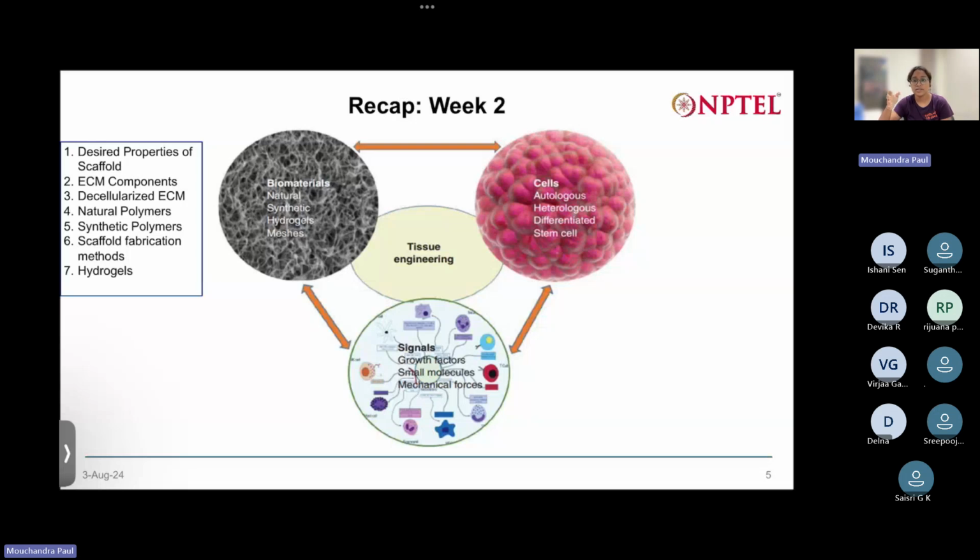Chondrocyte is the resident cell of the tissue cartilage. Cartilage itself is a very unique type of tissue and very easy to engineer in comparison to others. Why?